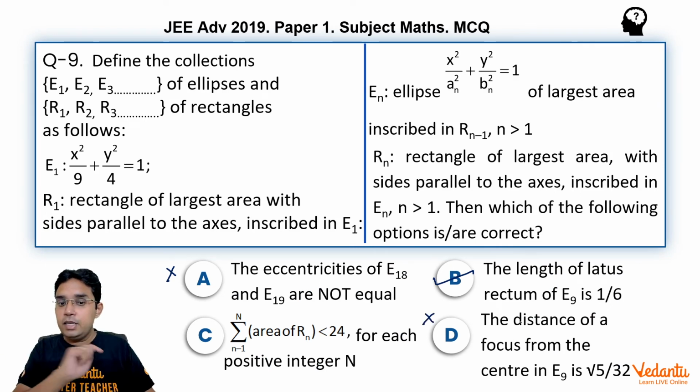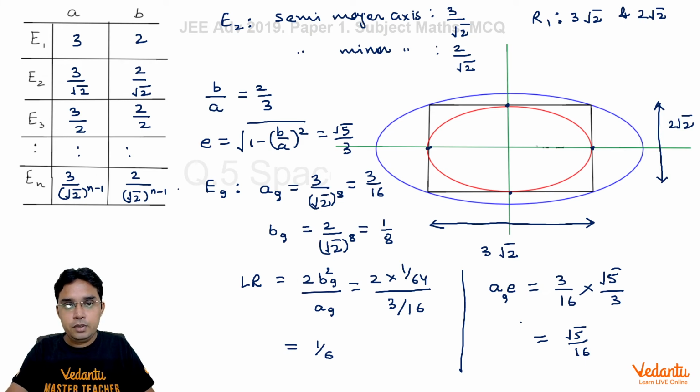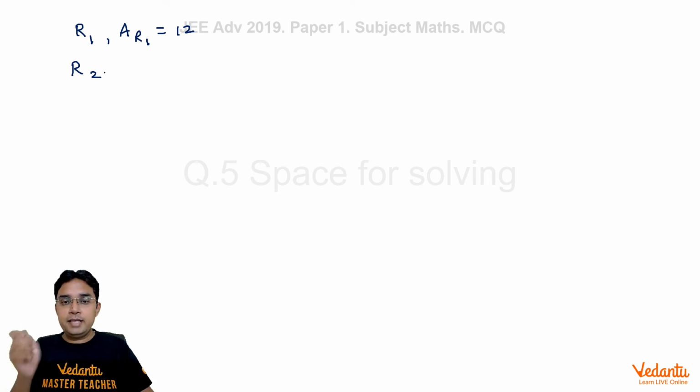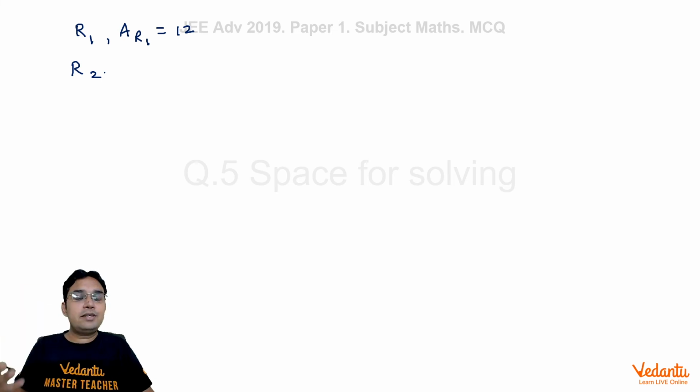Now let us come to the C part, which is asking about the sum of areas of all rectangles as n varies from 1 to capital N, for every positive value of capital N. As I was telling you, for R1 we got the area AR1 as 12. If we find R2, as it was for the ellipse, it will be the same for the second rectangle also: its corresponding sides will become 1 upon root 2 times those of the previous rectangle.